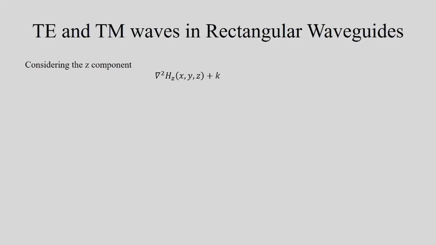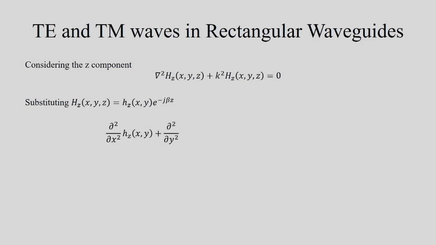So, considering the z component of the magnetic field, we can write del square Hz plus k square Hz is equal to 0. Substituting Hz as a function of x and y, small hz(x, y), and e to the power minus j beta z, we can write this form of the equation.